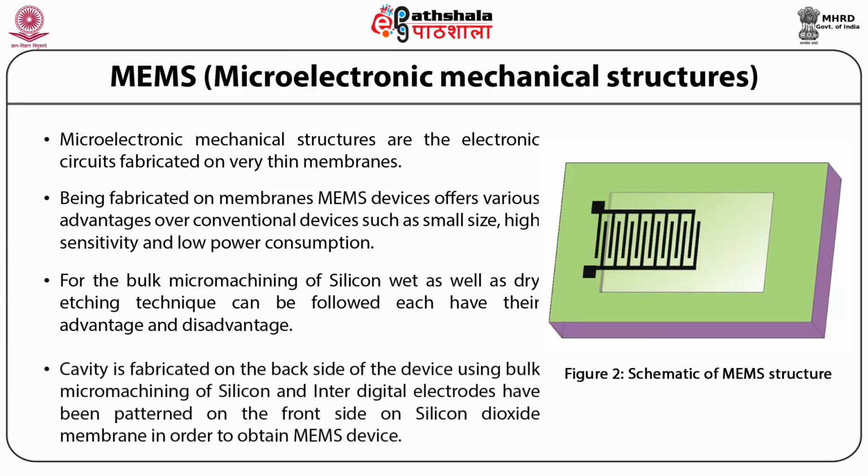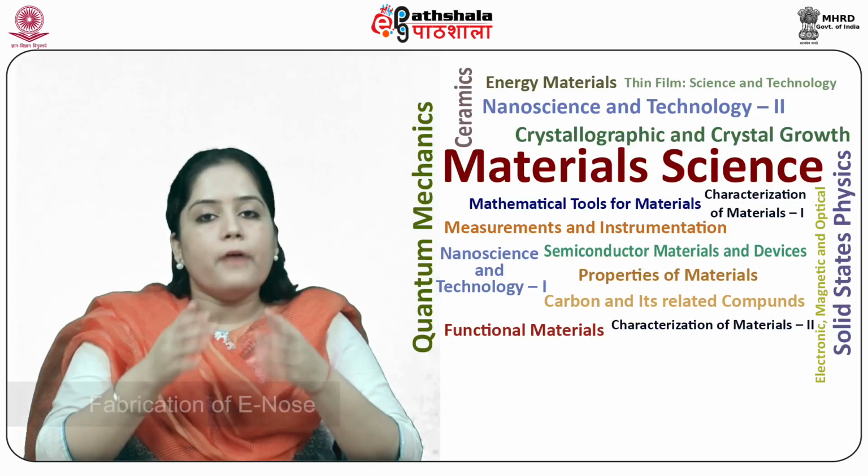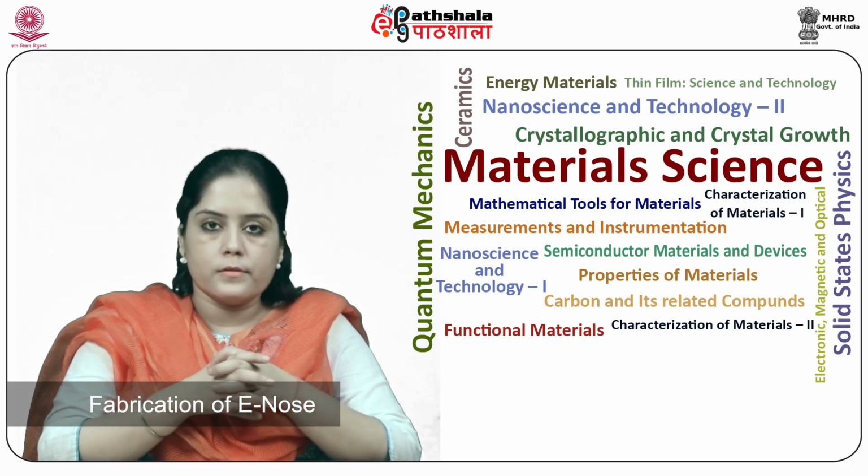As can be seen from this figure, a cavity is fabricated on the back side of the device using bulk micro machining, and interdigital electrodes have been patterned on the front side on silicon dioxide membrane in order to obtain a MEMS device.